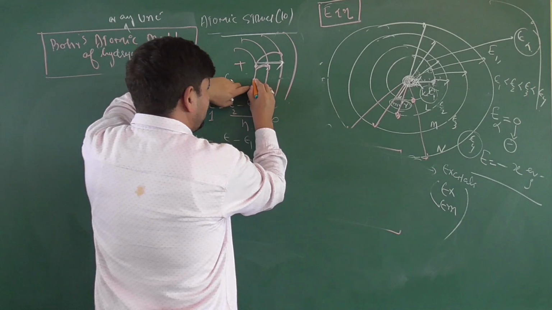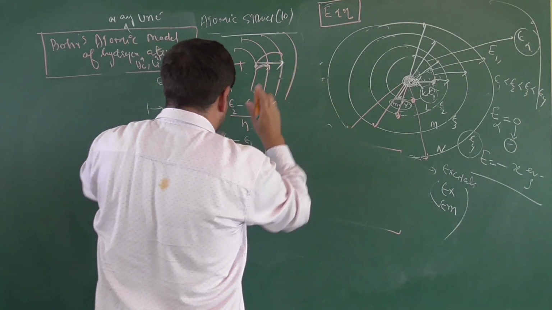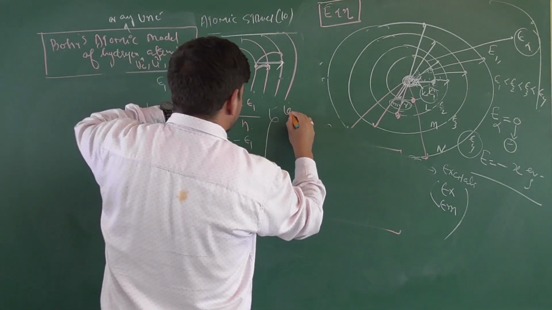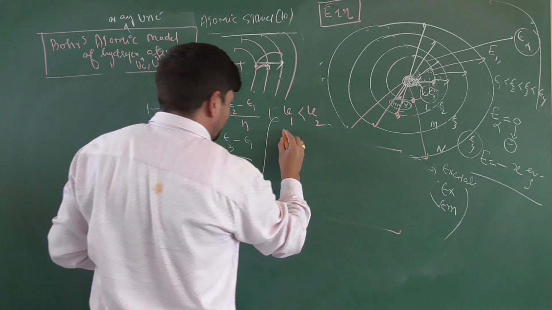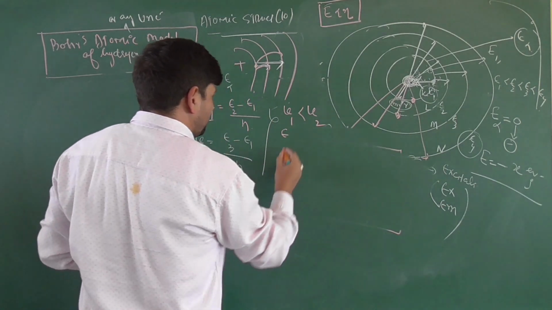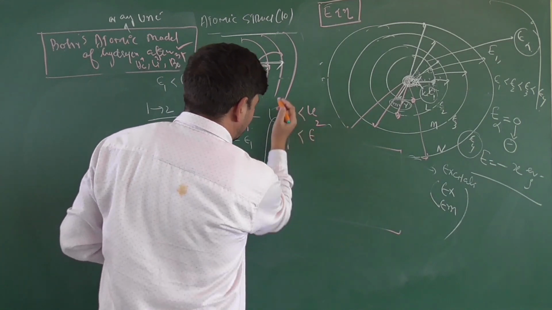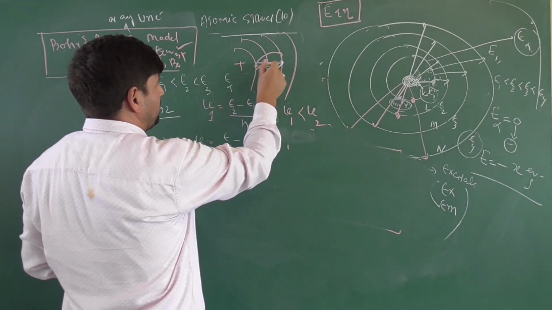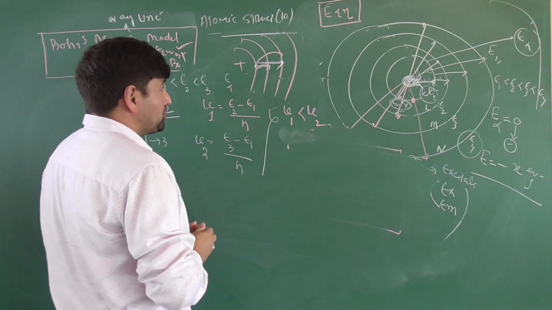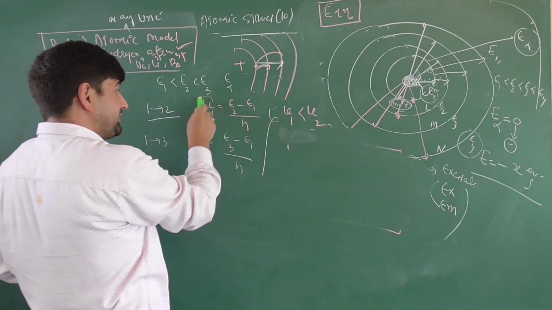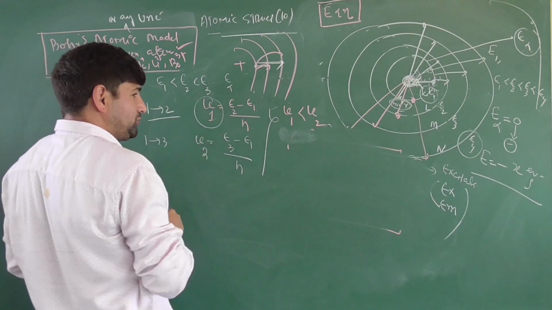From E1 to E2, I need less energy compared to E1 to E3. So we can write frequency 1 should be less than frequency 2. In other words, the energy required for the first case will be less than the energy required in the second case. So I need less energy from 1 to 2, but more energy from 1 to 3.